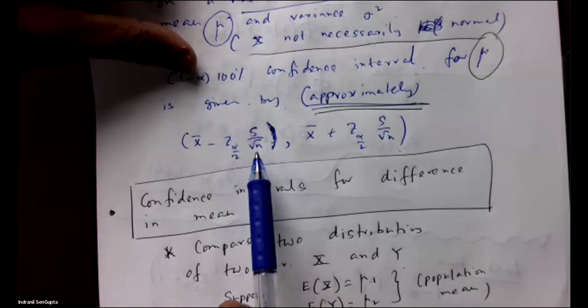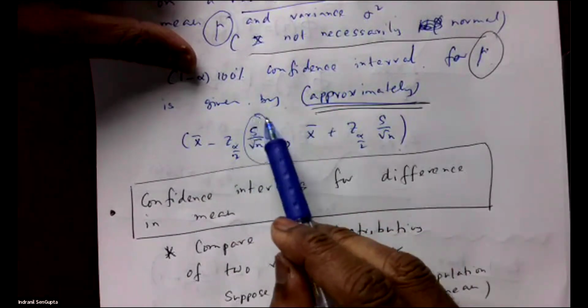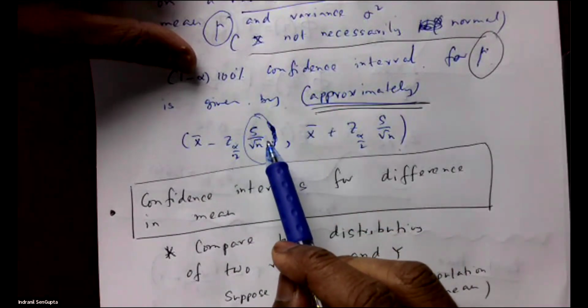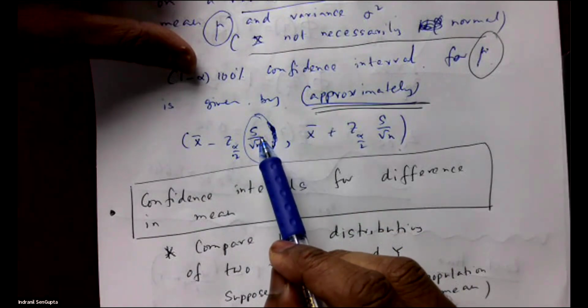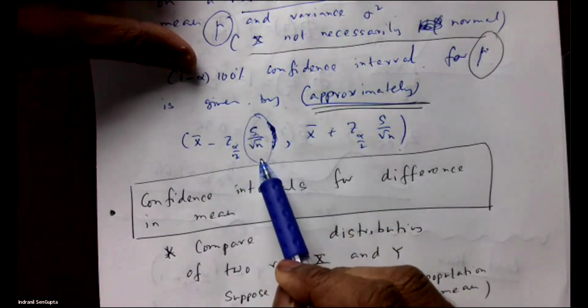Now here this s over square root of n was due to the fact that we estimated this from the sample. So we had a sample variance and then we computed this one, right?